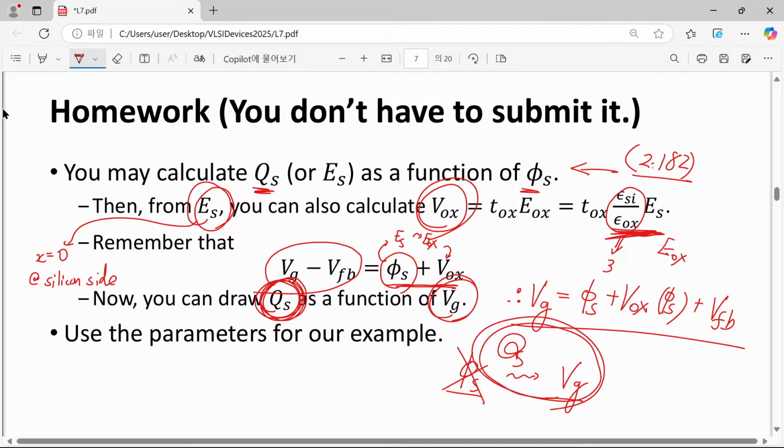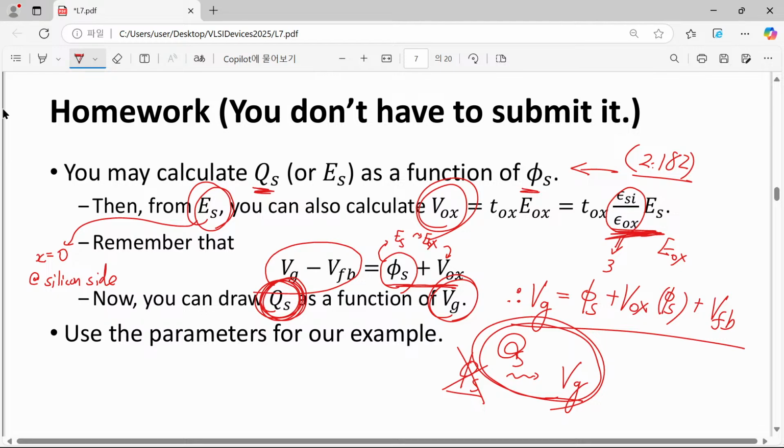Of course, there is no guarantee that these numbers are uniformly distributed. Maybe you can have uniformly distributed phi s, but your Qs and corresponding Vg can be sometimes densely populated and sometimes loosely populated. Doesn't matter. You have sufficient computing power to draw it using Excel, MATLAB, Python, whatever.